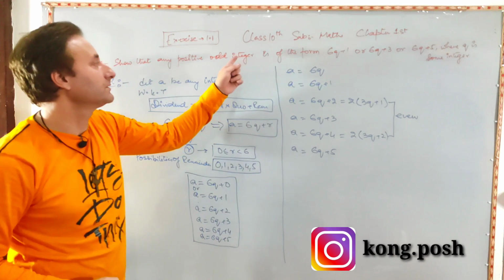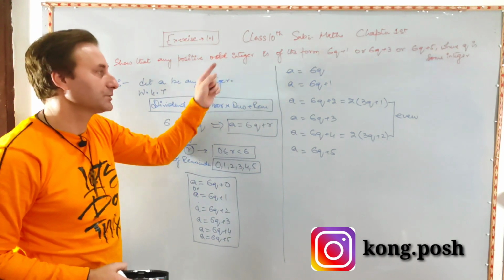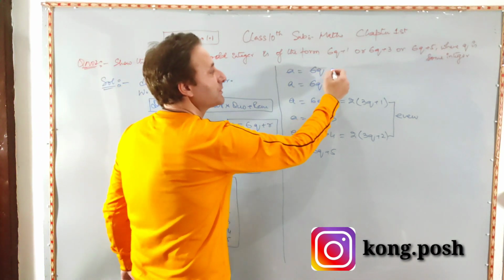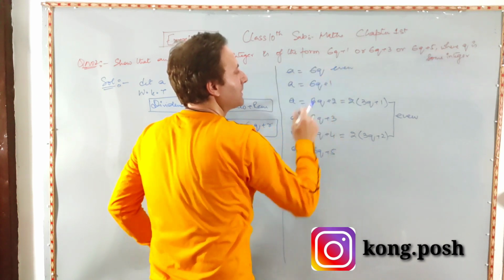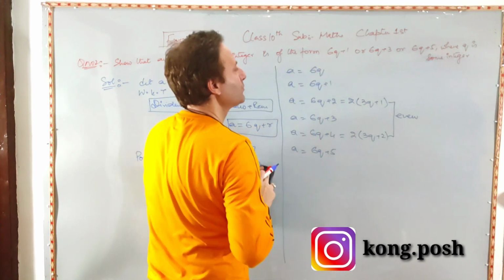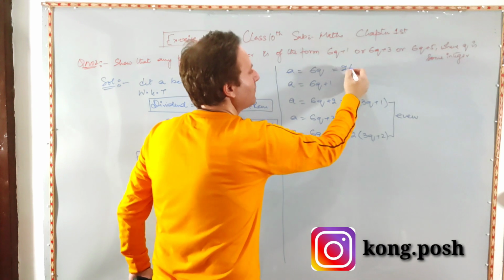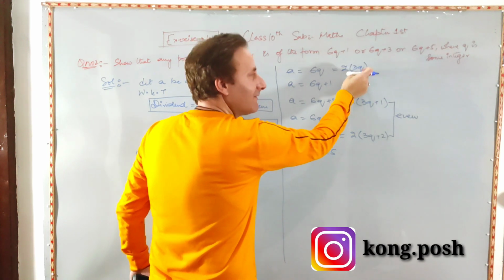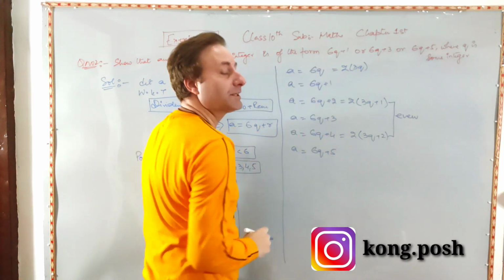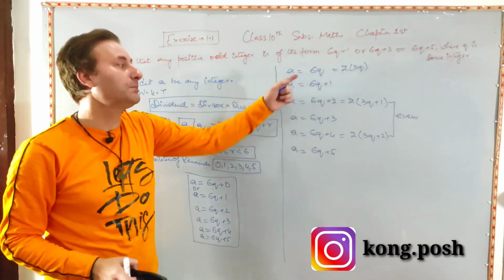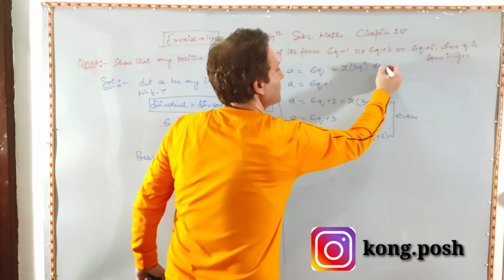But what is the question? The question is for odd integers. In case I want to take 2 out, I can definitely take 2 out, so this 6q plus 4 is also even.